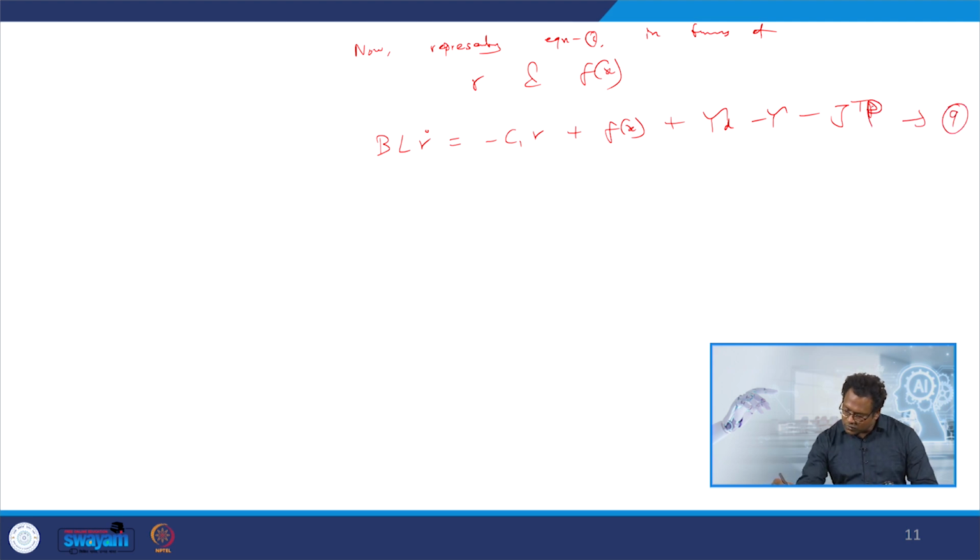J transpose into rho, my dear friends, it is a rho. Okay, rho is the contact force. Now, this representation of the robot in interaction with the environment in terms of the filtered error R and the unknown function f of x is done to prove the force error is very small with the control scheme proposed.